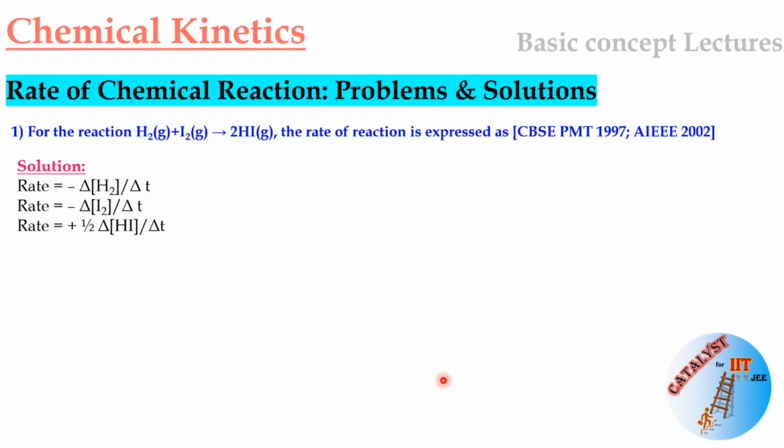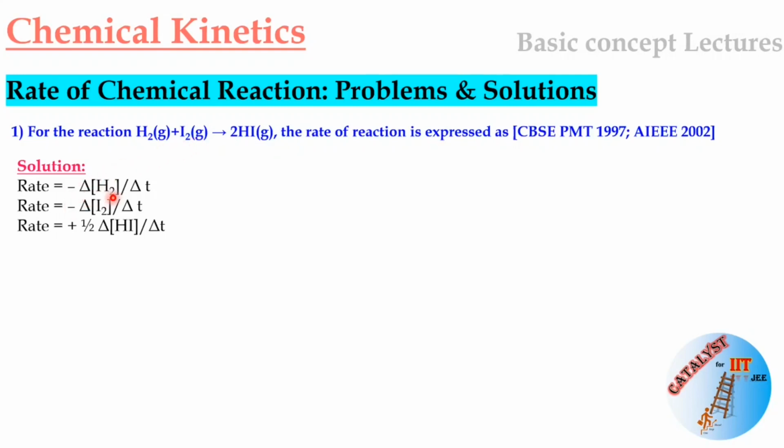Now we have learned how to write rate equations. Why is this important? You will see that this basic part is also important in these kinds of exams. This question is directly from IIT 2002 and CBSE PMT 1997. For the reaction H2 plus I2 getting converted into 2HI, the rate of the reaction: we know that these are my reactants, so we need to put minus signs.